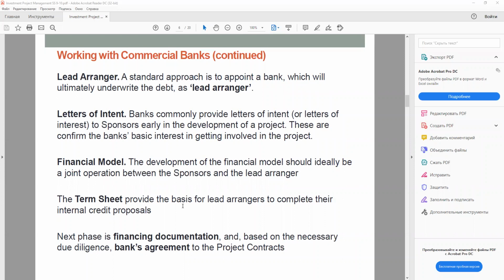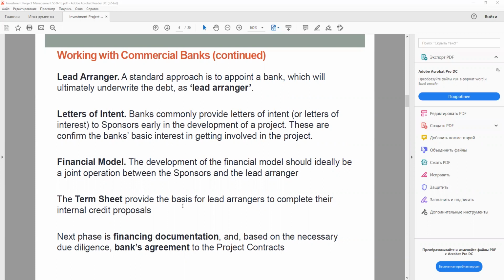The result may be the appointment of some or all of these banks as joint lead arrangers. In major projects, both the financial advisor and the lead arrangers may be appointed separately at an early stage to provide more balanced advice, although obviously this adds to development costs.